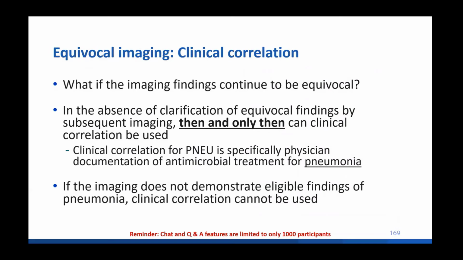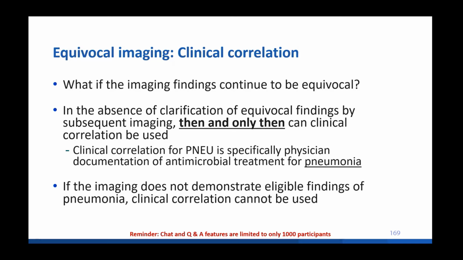But what if there are no subsequent imaging tests, or if subsequent imaging tests do not provide clarification? For example, the findings remain equivocal, or the findings become definitive but then go back to equivocal. In this situation, you would look for clinical correlation to clarify that the equivocal imaging findings are representative of pneumonia.